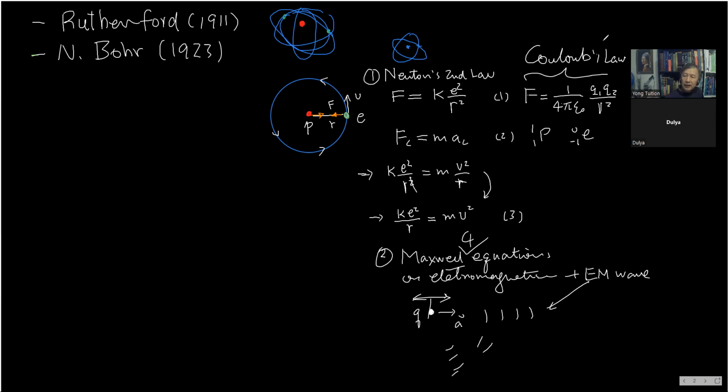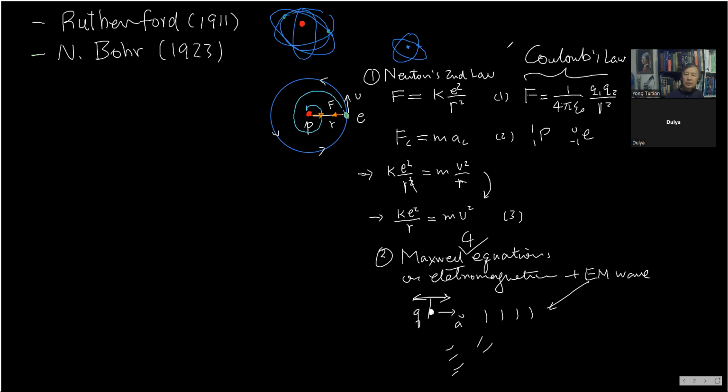As a result, according to this classical Maxwell theory, the electron's velocity will decrease and eventually it will collapse, because it has charge and will be neutralized by the proton. That is the reason classical physics cannot provide a proper explanation for the Rutherford solar system model.